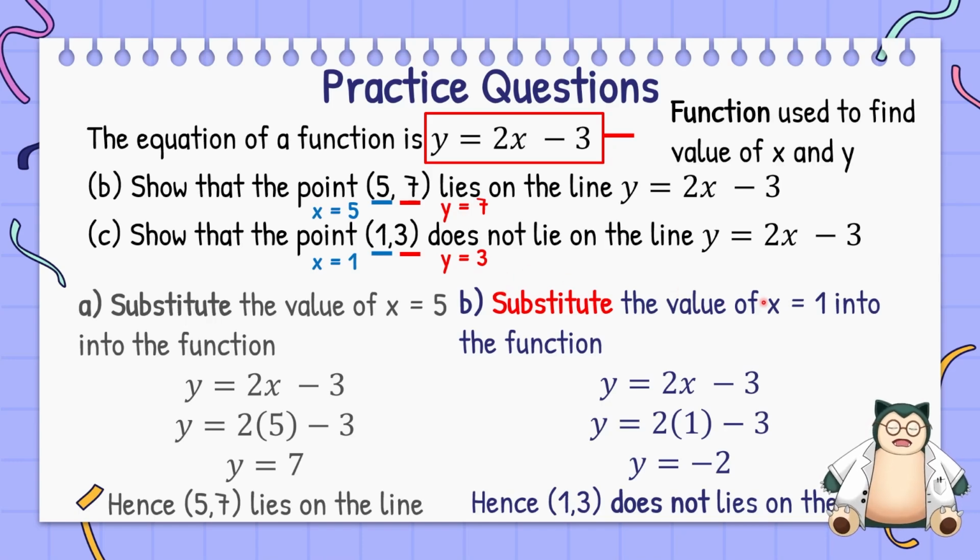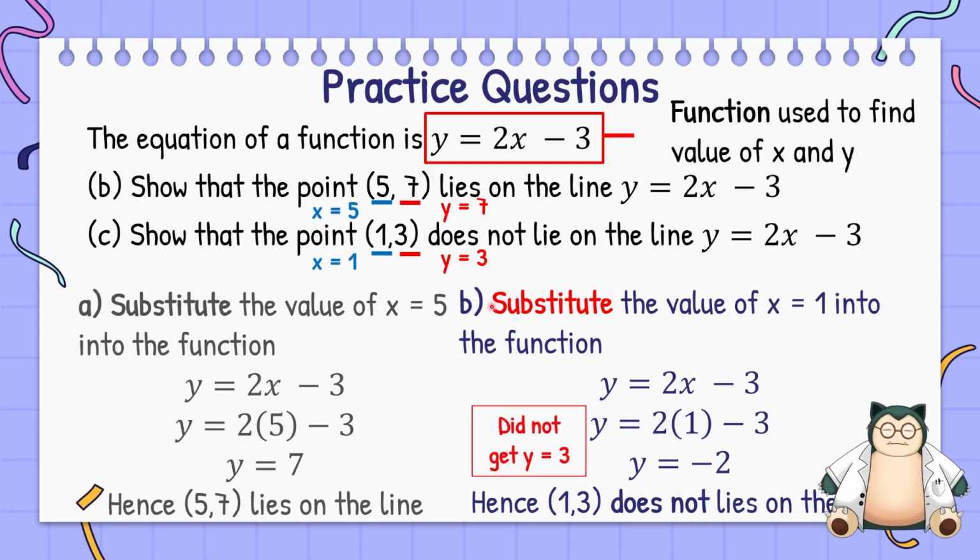Substitute the value of x = 1 into the function. So we get y = 2x - 3. Substitute x with 1. And then it turns out that our y value does not match what the question gave us. Our y value obtained is -2, but the y value in the question is 3. Because the y values don't match up, the point (1, 3) does not lie on the line.